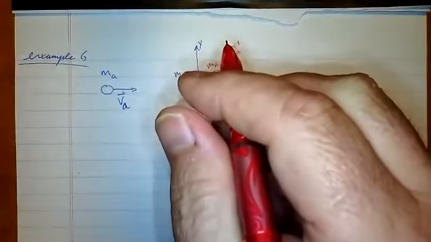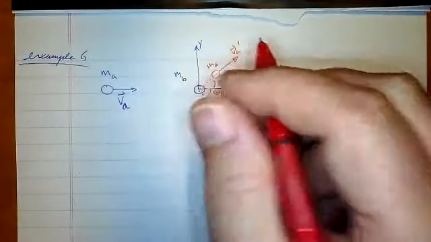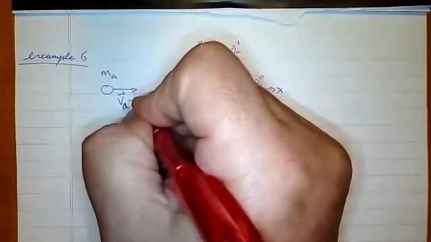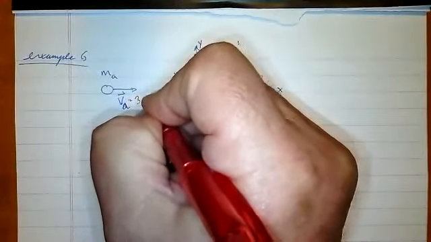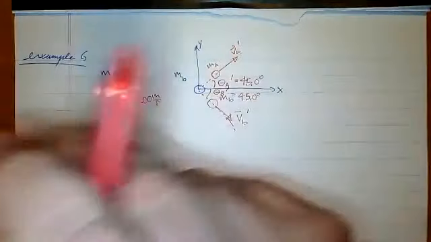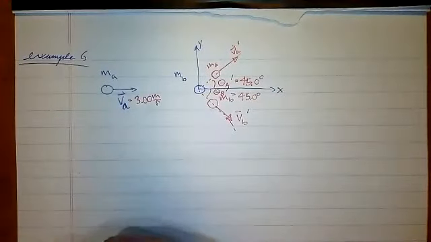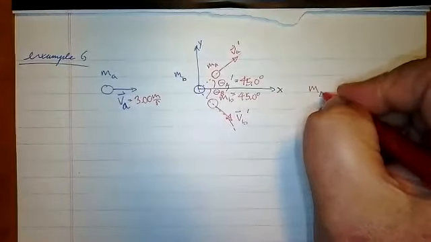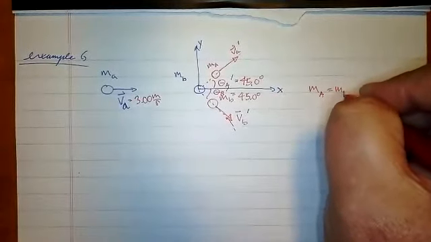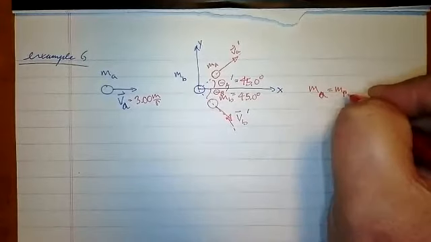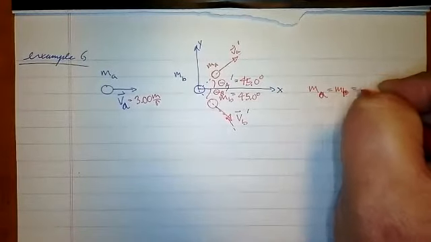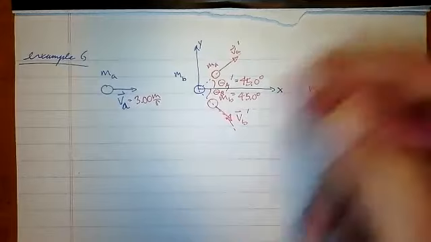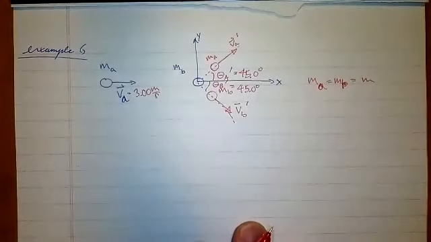But anyways, let's say that v sub a is equal to 3.00 meters per second, and we already knew that v sub b was initially 0. We're going to go on the assumption that m sub a is equal to m sub b is equal to just plain m. So it really doesn't matter too much.